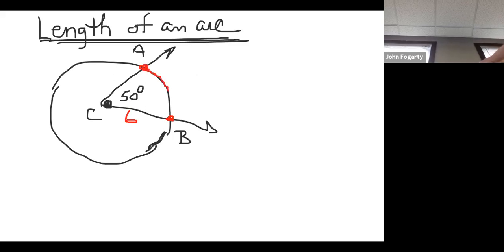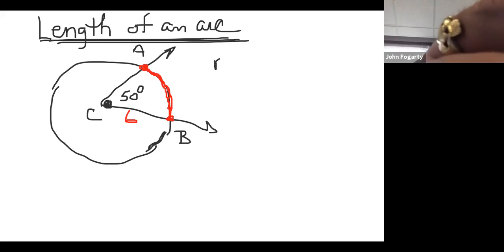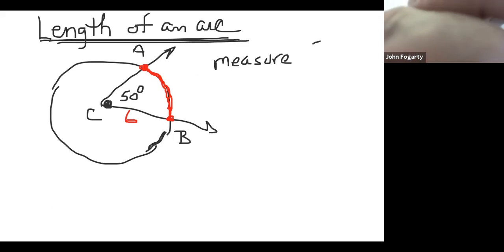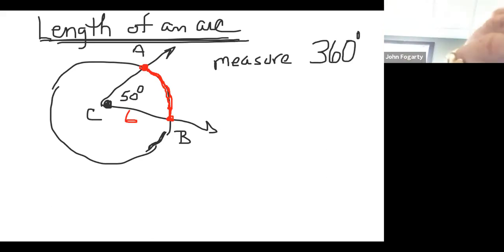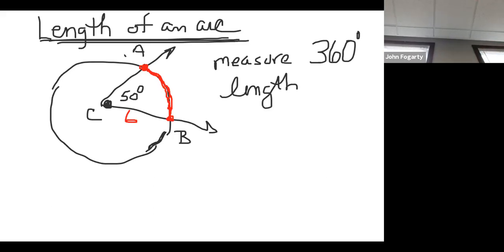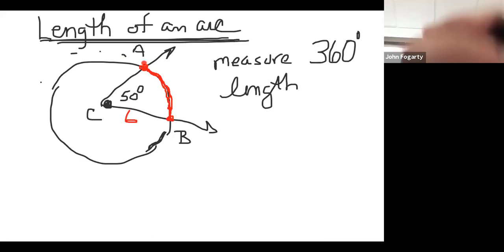Now notice, I didn't say what's the measure. I said what's the length. Now you have to do a little bit of thinking, right? The measure is out of 360, because it's 360 to start at point A and go all the way around the circle and get back to point A. That's 360 degrees.